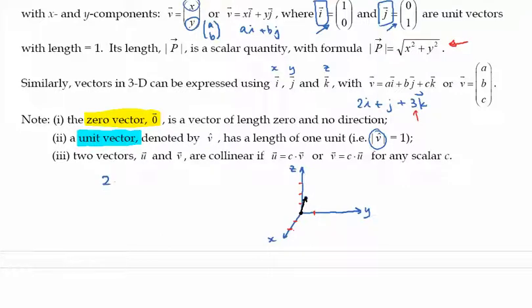So instead of using examples such as 2i plus 3j, let's say, I have a line in 2D, just make it simple, having a vector with 2i plus 3j. I don't want to use a vector that has a length of root 13.